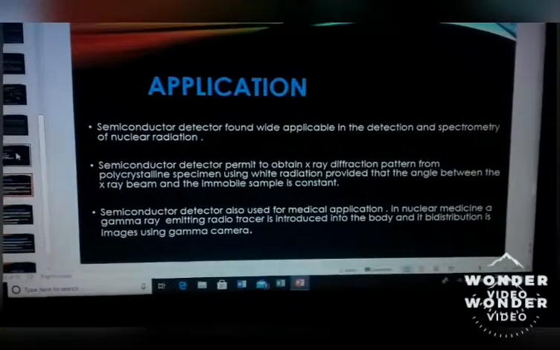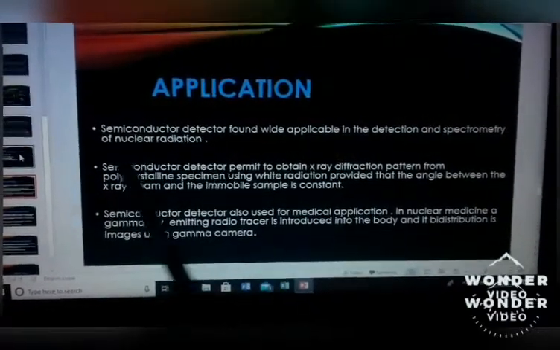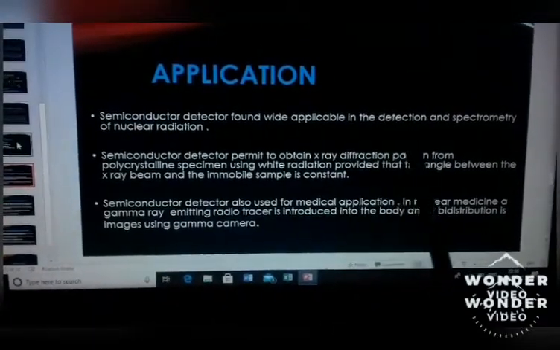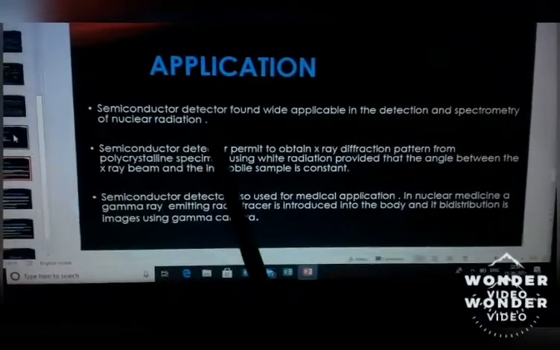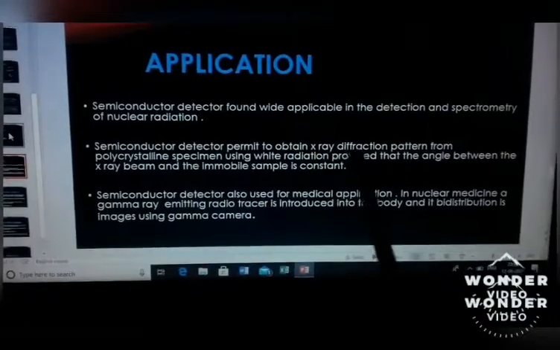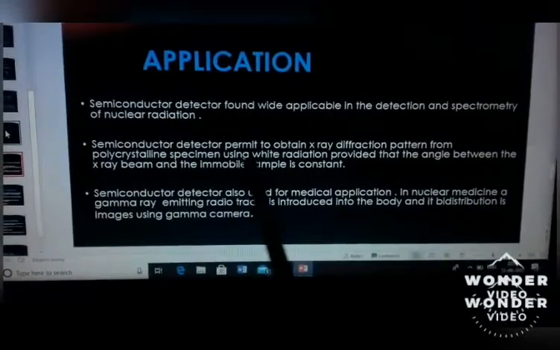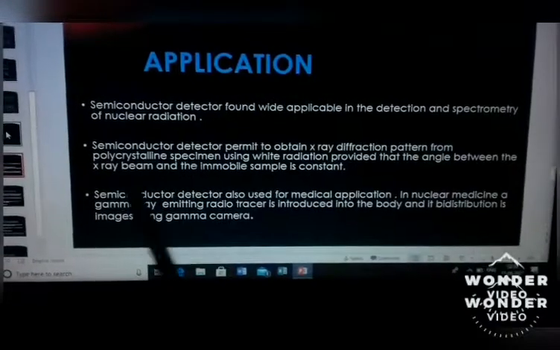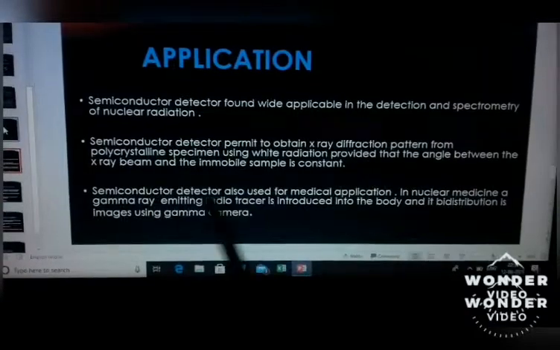Now, what are the applications of semiconductor detectors? Semiconductor detectors find wide application in the detection and spectrometry of nuclear radiation. Semiconductor detectors permit obtaining an X-ray diffraction pattern from a polycrystalline specimen using white radiation, provided that the angle between the X-ray beam and the immovable sample is constant.